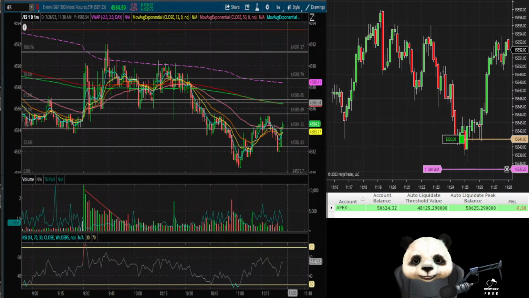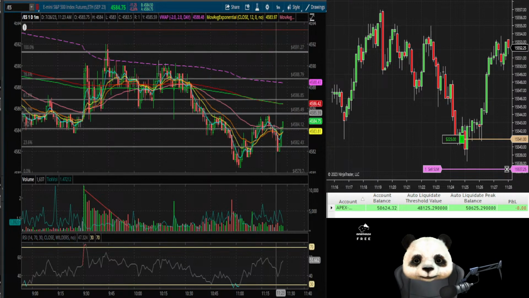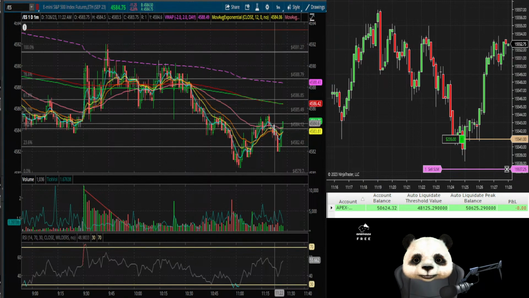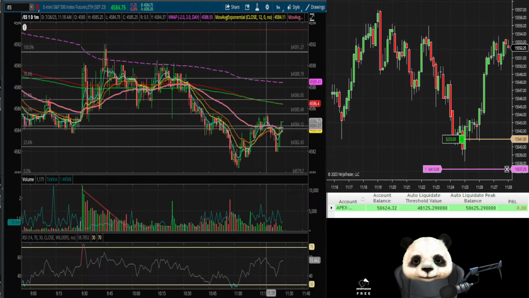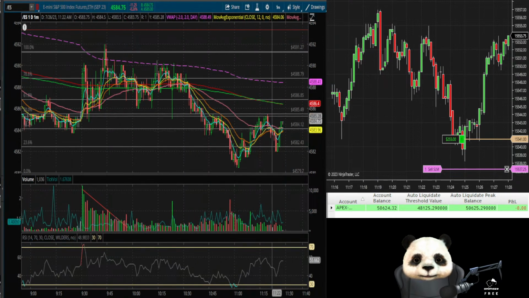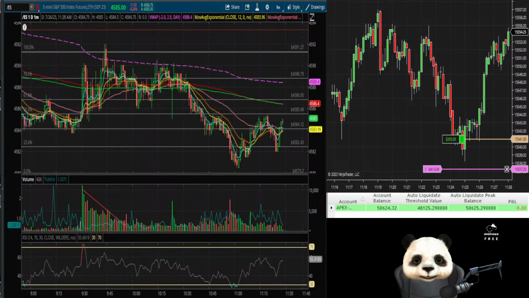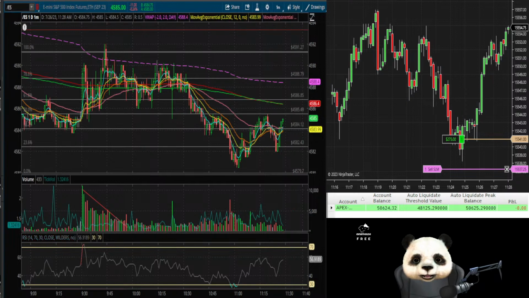So we'd really want to see us ideally pop back above where we went here. If we just level off again here and don't make a higher low from this downtrend, then I'm losing faith in this upside.